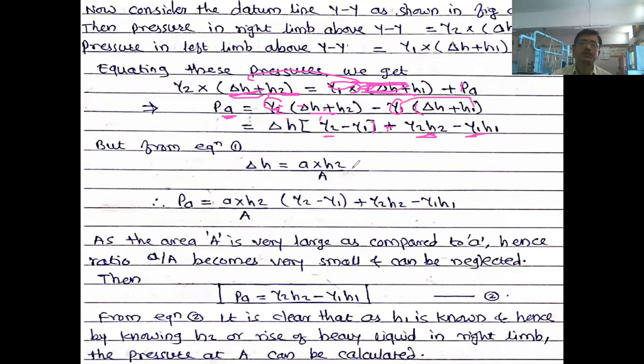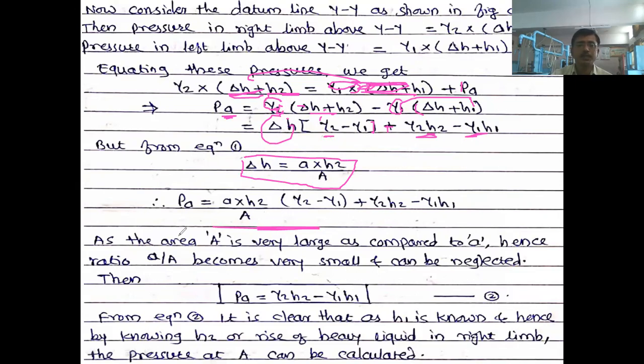Now from equation 1, the part we derived earlier, put that part here. After putting it, we get this equation: P is equal to A into delta H, H2 upon A, like this.